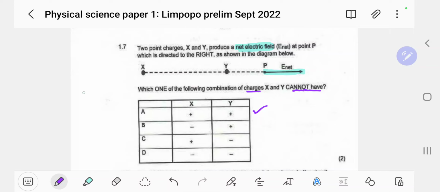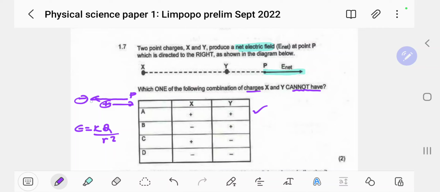Now B, can X be negative and Y be positive? Definitely, because we know that the negative charge will actually be pulling towards it. The electric field is going towards the center of that charge. But if there's another positive charge here, that one is doing the opposite. They oppose. But remember, the distance between point P and that negative charge is quite large, and once you increase the denominator, knowing that electric field is given by kq over r squared, whichever q we're talking about, you are decreasing the net electric field.